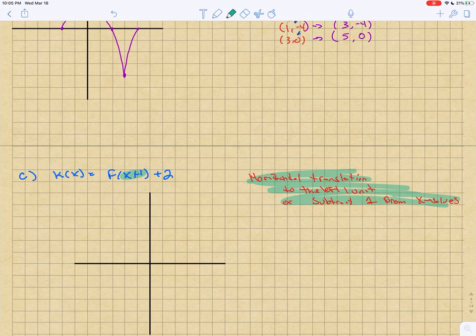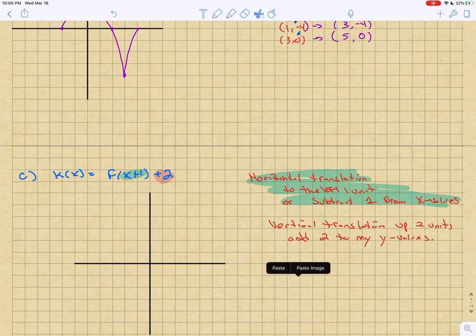That's the horizontal translation. It also has a +2, which is a vertical translation, up 2 units, which means I'm going to add 2 to my y values.